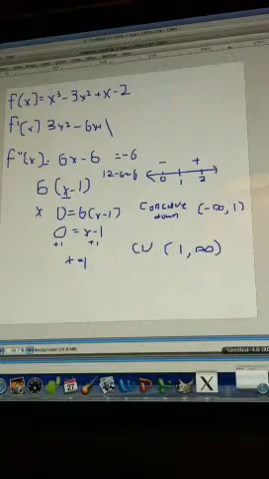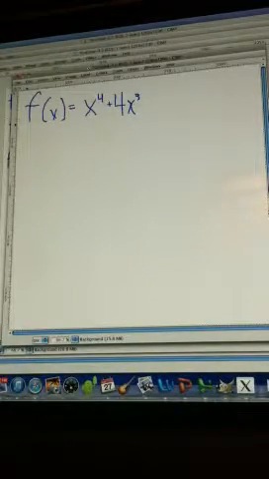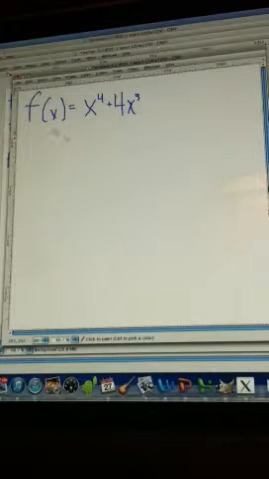And here's one more example. In this example, you do the same steps. Start off by finding the second derivative.